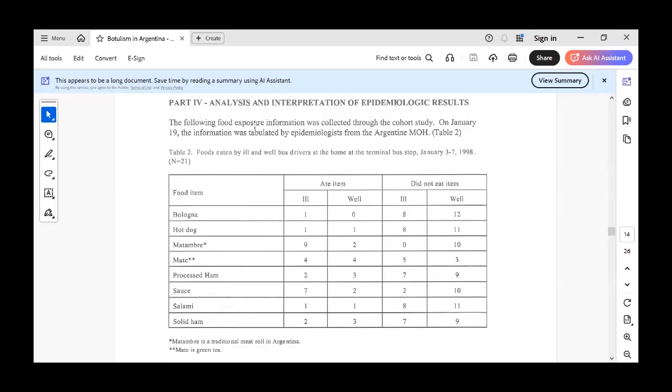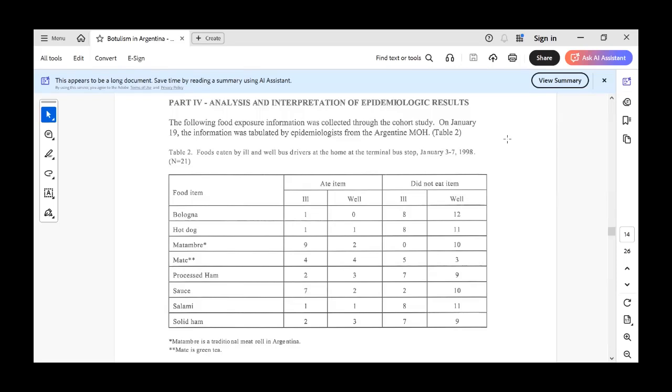Until 8:30, the following food exposure information was collected through the cohort study. On January 19, the information was tabulated by the epidemiologist. First of all, we said it's a cohort study, so you can calculate the relative risk.